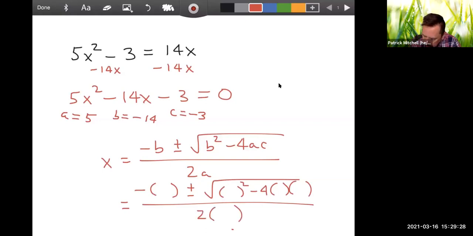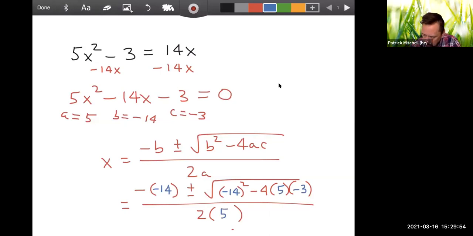Okay, so in the first spot we fill in b. b was negative 14. In the second spot, we fill in b, negative 14. Notice why it's important to have the parentheses there for that one. a is 5. c is negative 3. And a is 5. Okay.